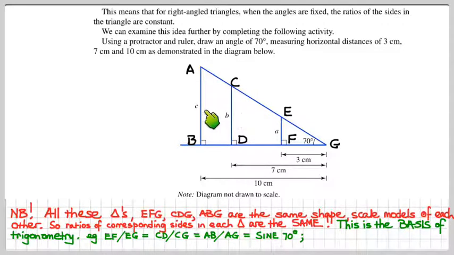The ratios of those sides will be the same in each case, and that equals sine 70.